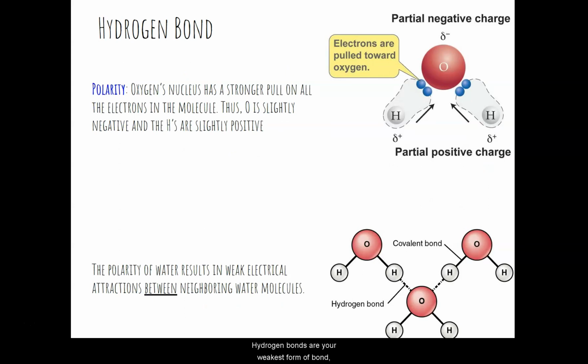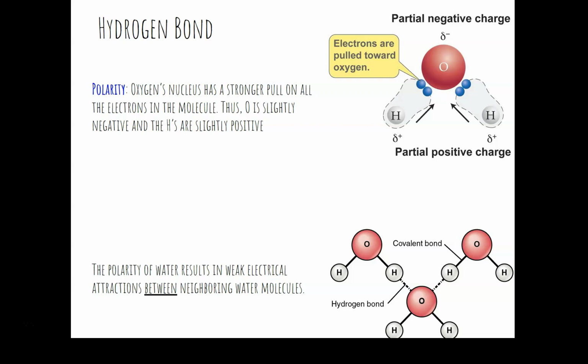Hydrogen bonds are your weakest form of bond, but by no means are they the least important. Hydrogen bonds are going to be really important for a variety of different things later this semester. So I want you to think about oxygen, and it's got its electrons in its outer shell. But oxygen is bigger than hydrogen. It has a bigger nucleus with more neutrons and protons.